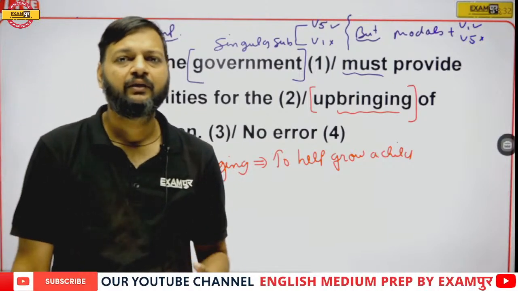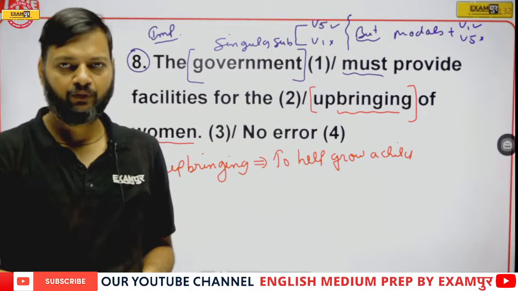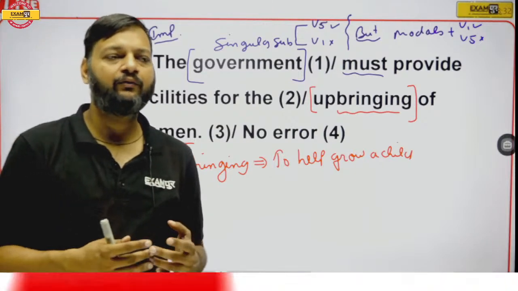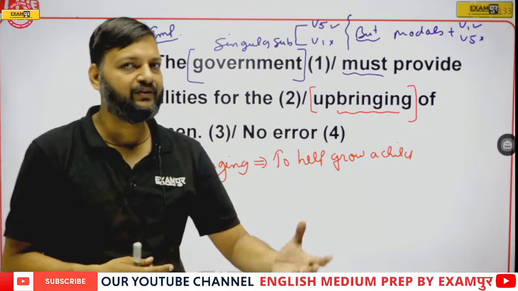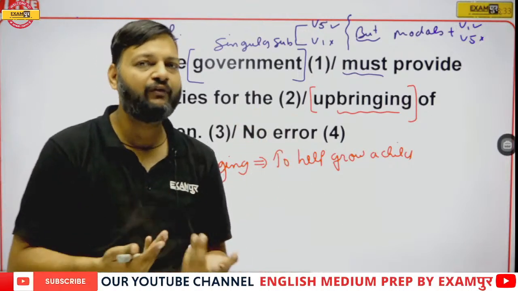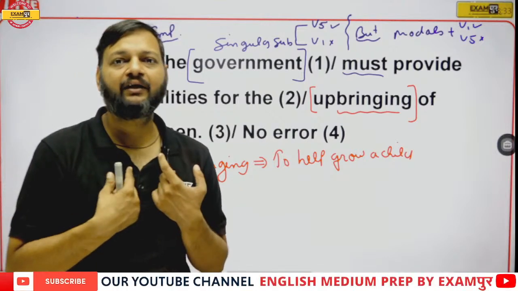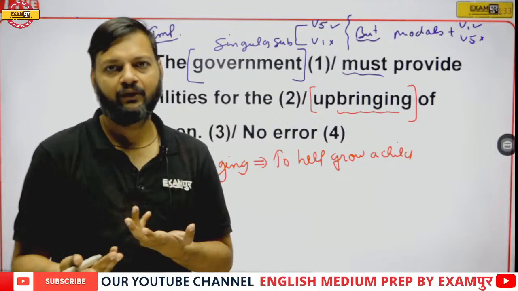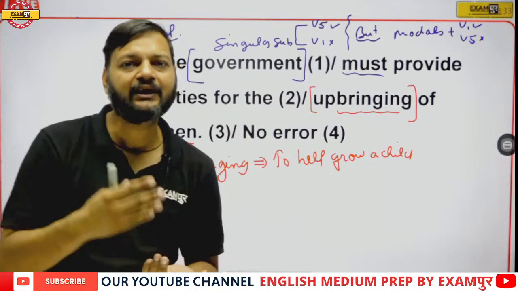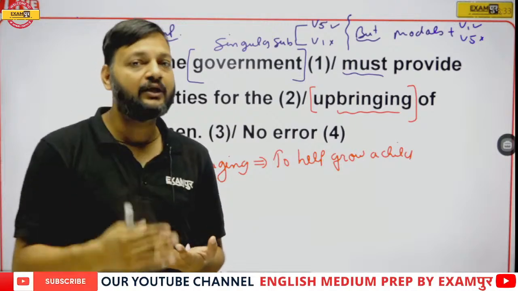Upbringing means to take care of a child. When we have children and we help them grow, it is called upbringing. Very often we say that I did not get an affluent upbringing. So the word upbringing is related with children.